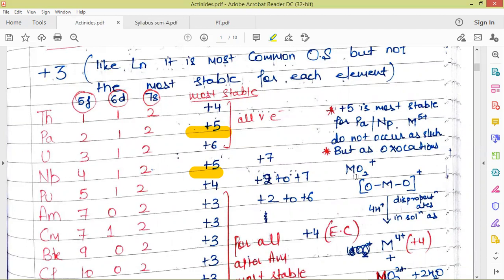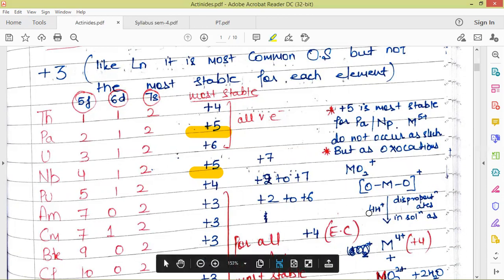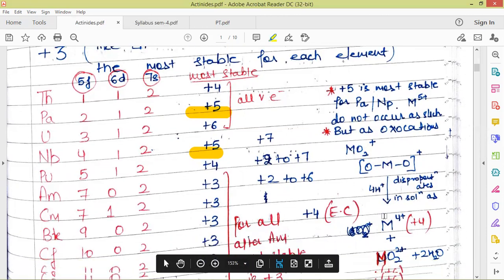It exists in the form of a dioxocation, MO2 positive, where 2 oxygens are there, each having oxidation state of -2. So overall the metal is pentavalent, that is 5 positive charge, but on this oxocation it is +1, and this oxocation disproportionates in solution in the presence of H positive.